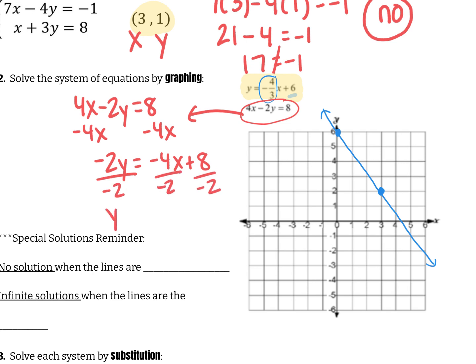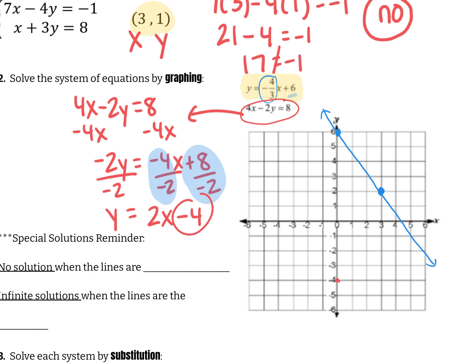So you get y equals -4 divided by -2 is +2. So that's 2x. And then 8 divided by -2 is -4. So the y-intercept of this is -4.